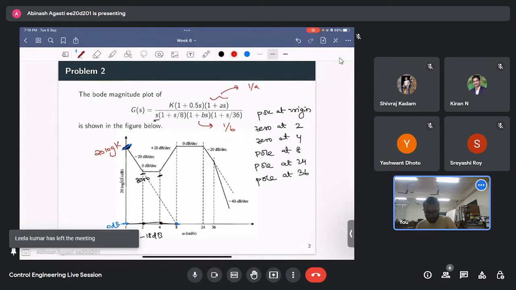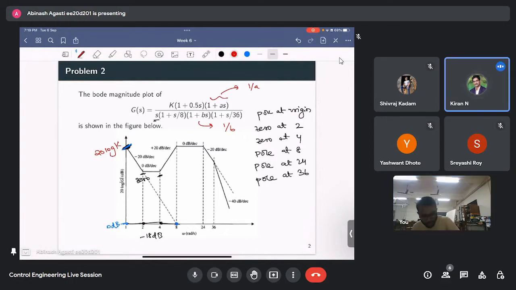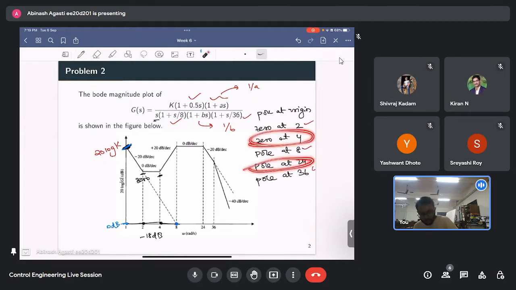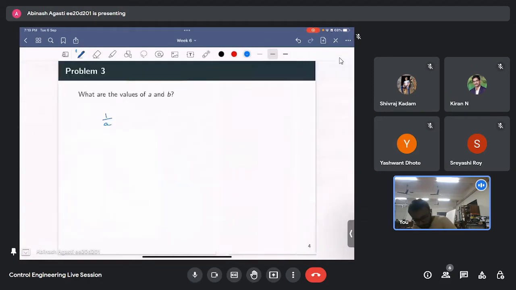So 0 at 4 and pole at 24. From that, 1 by A is equal to 4 and 1 by B is equal to 24. So A is equal to 0.25 and B is equal to 0.0416.